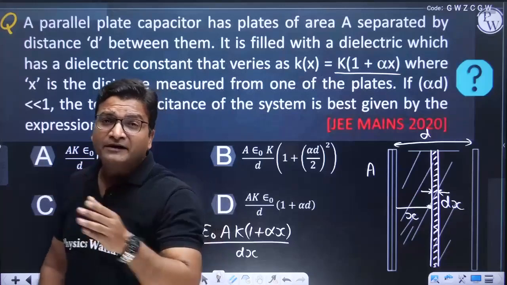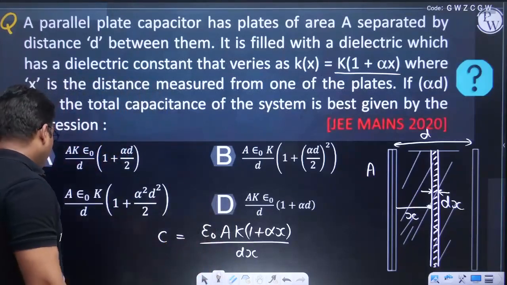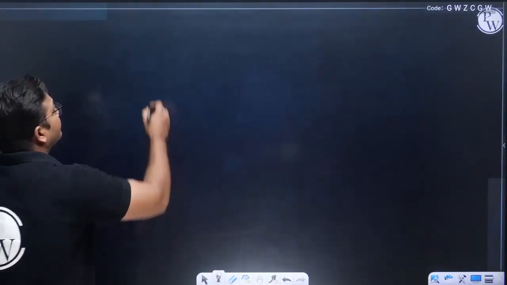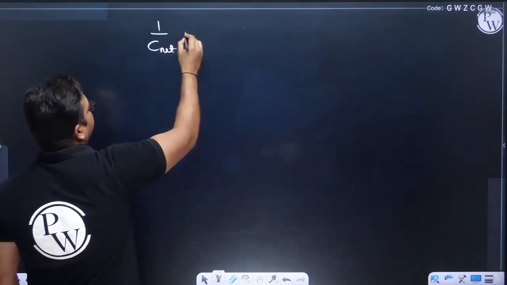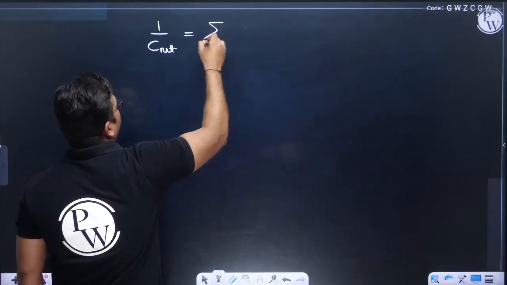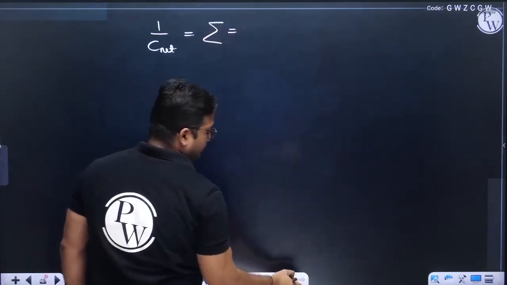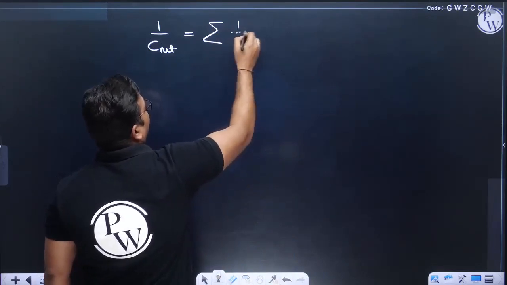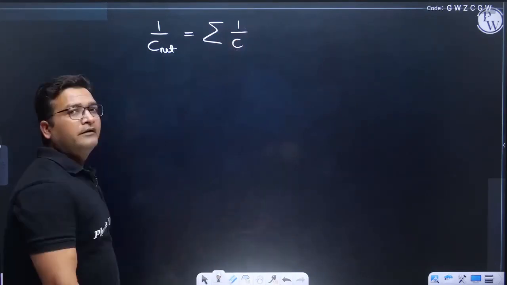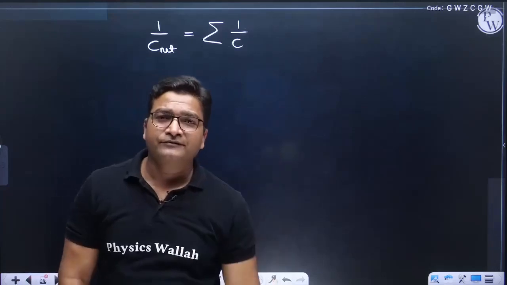And if all the elements are in series, what you know is that C net is given by 1 upon C net equals the summation of the reciprocals of all element capacitances.